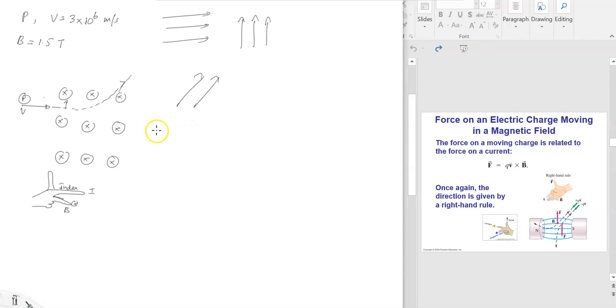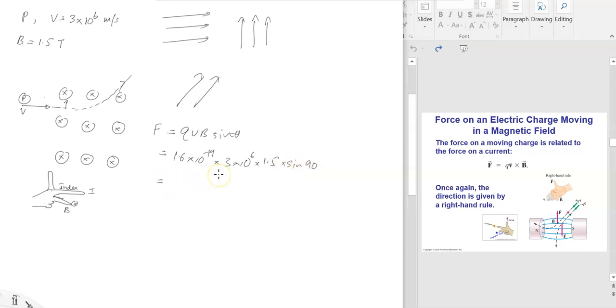And what's the magnitude? qvB sin theta. Charge of the proton 1.6 times 10 to the negative 19. Velocity of it 3 times 10 to the 6. Magnetic field 1.5, sin theta. We say in the problem proton and magnetic field are perpendicular, so sin 90.